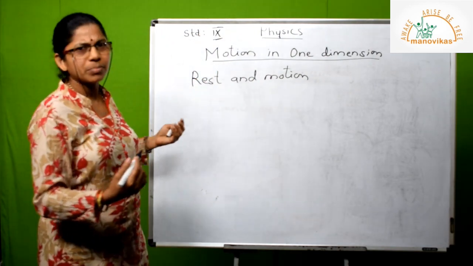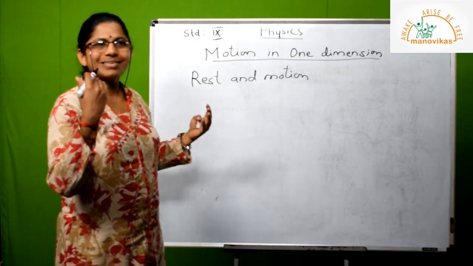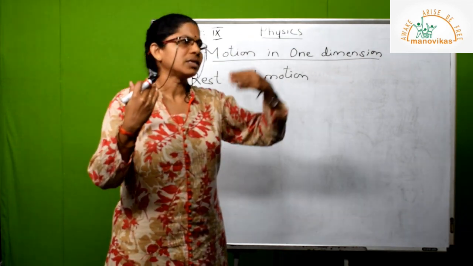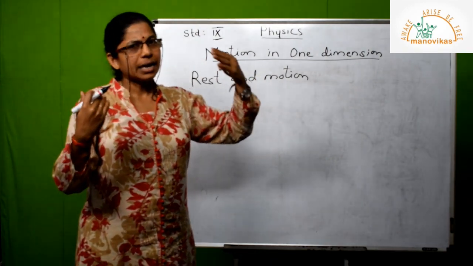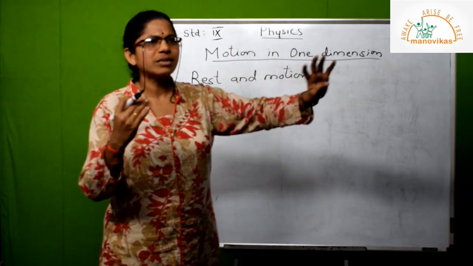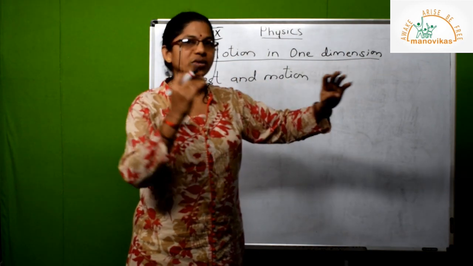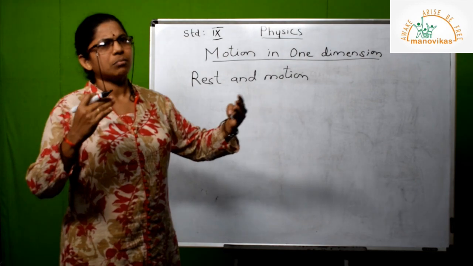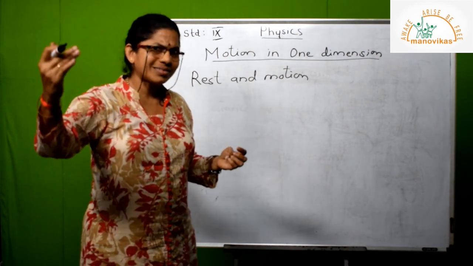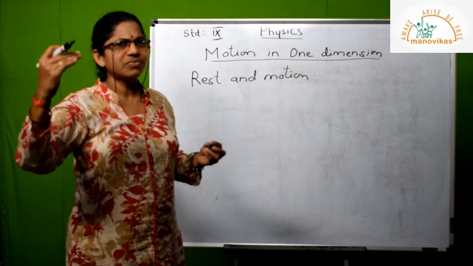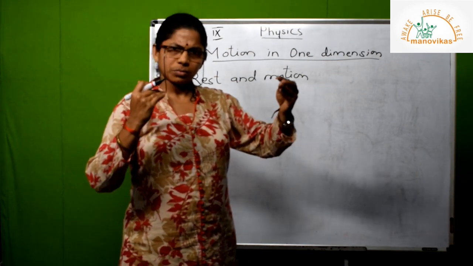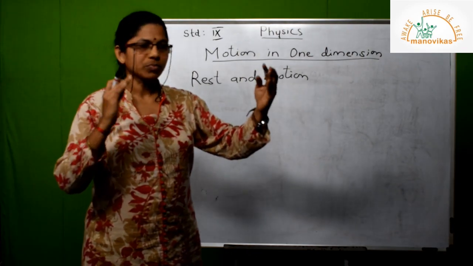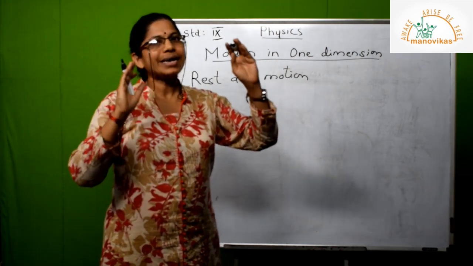For example, there are two people sitting in a train facing each other. For the first person, the second person will be at rest, even though the train is moving. But for an observer who is outside, on the platform, if he sees both the people in the moving train, for that observer, both the people are in motion.